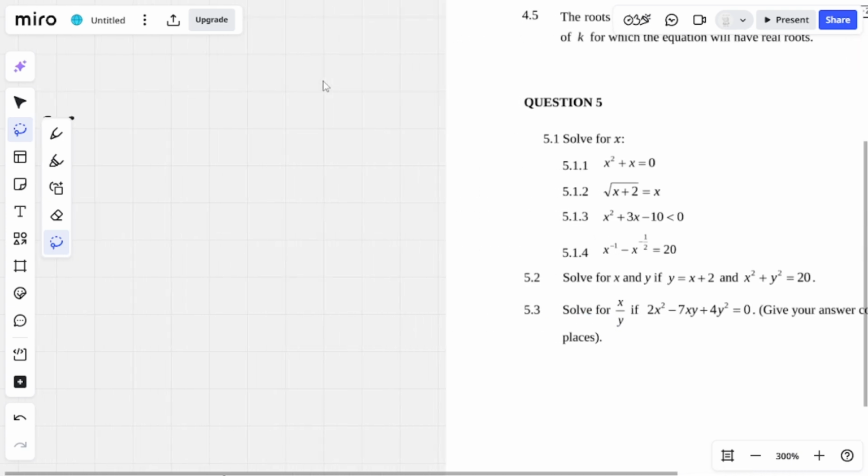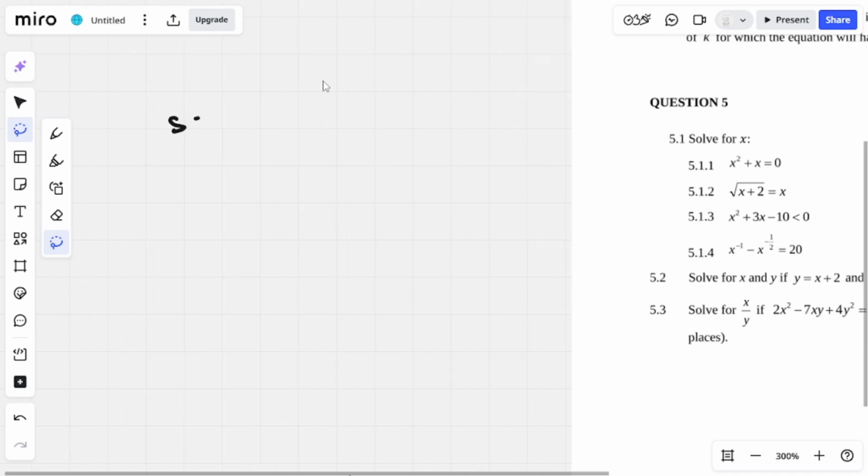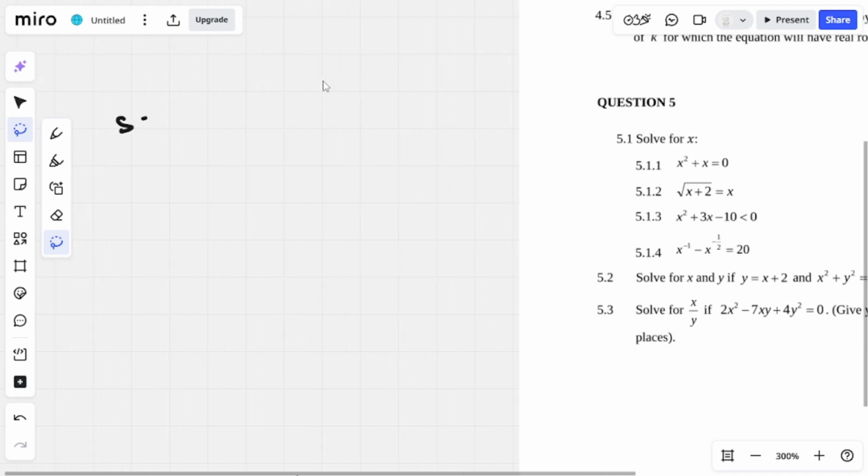That's the first thing you have to do, because they already gave you how you should do this, right? So you're going to come to the question and say 2x squared minus 7xy plus 4y squared is equal to 0. And you're going to divide everything by y squared.